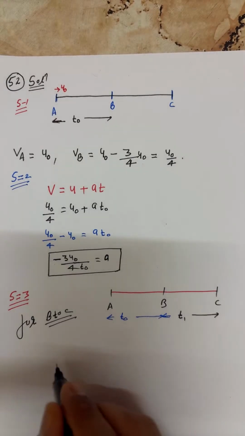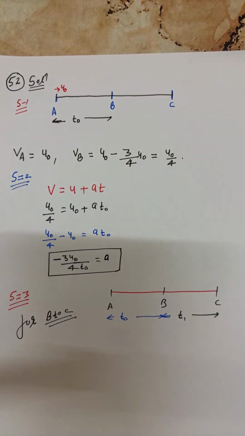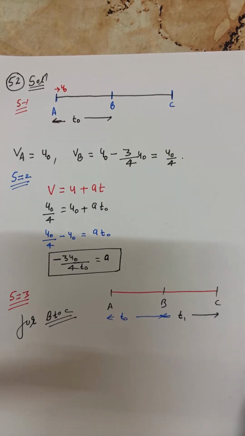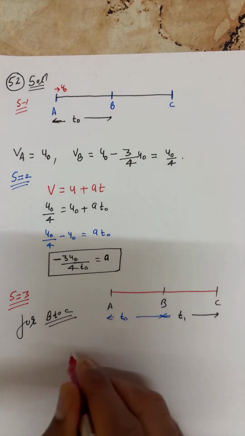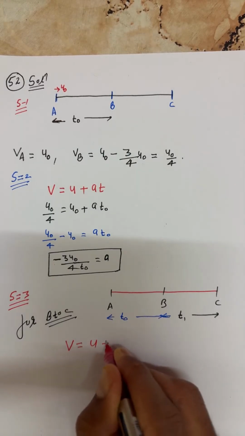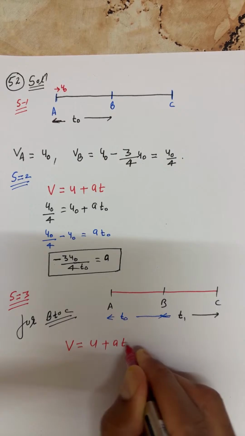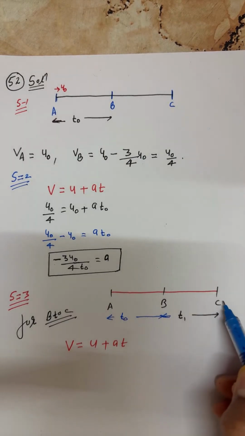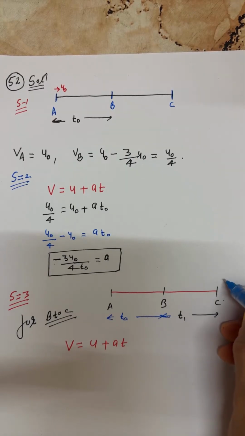Again I'll use my rule, the equation of motion first only, because we can apply it anywhere if acceleration remains constant. So V is equal to U plus A t. Once the particle finally arrives at point C, as mentioned in the question, the final velocity will be zero.